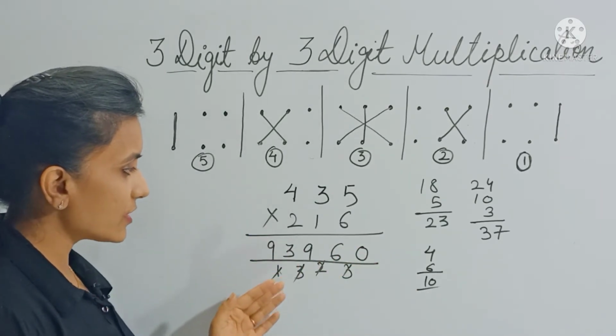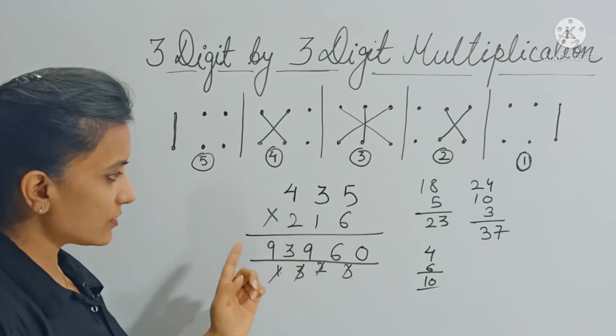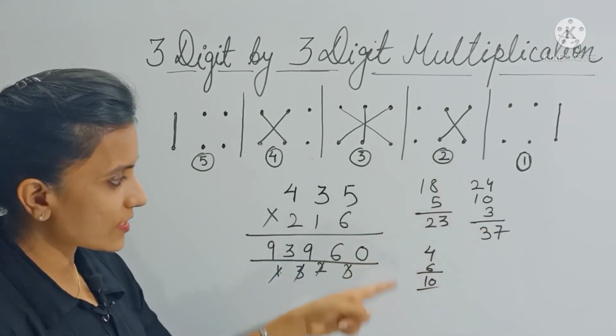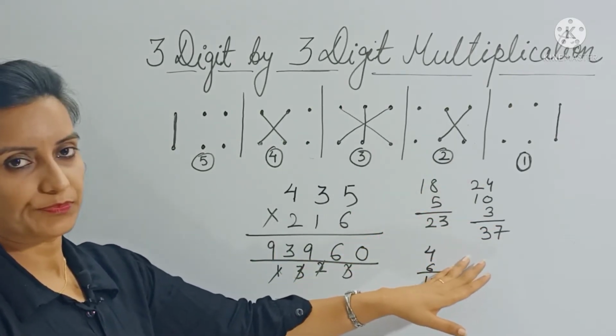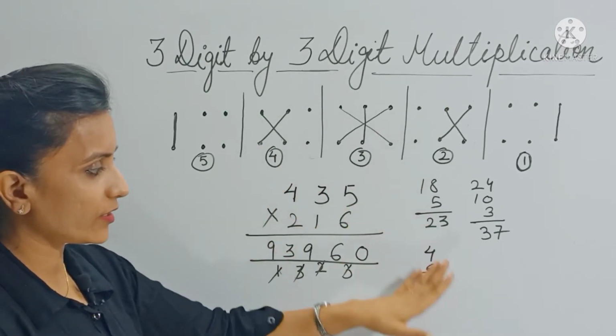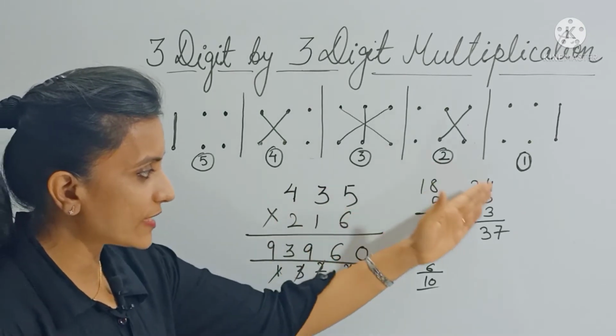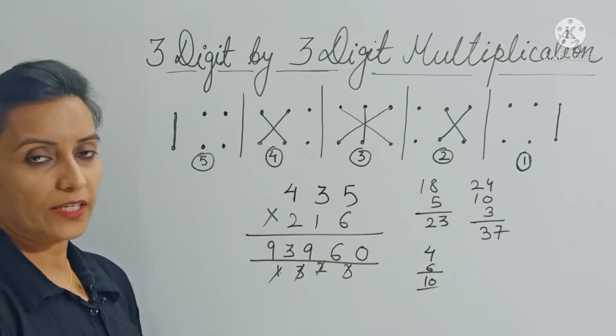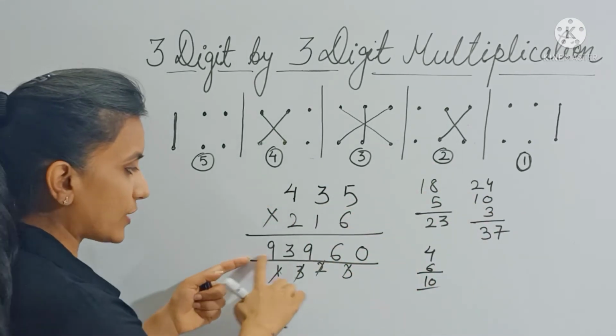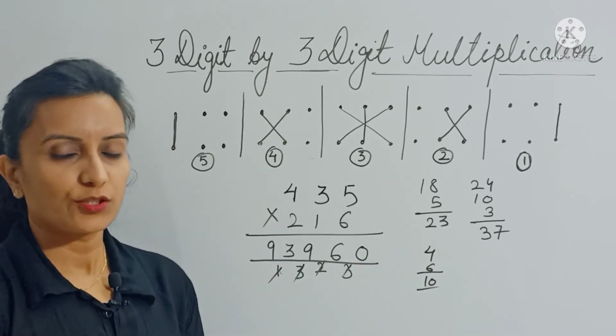You can see that we are just writing the answers, right? All these steps you can do in your mind. In the beginning, maybe you will write and do, but as you practice these questions, you can do all these calculations in mind, and you have to lift your pen just to write the final answer. So let's work on that.